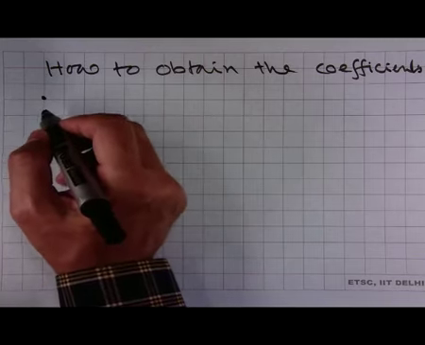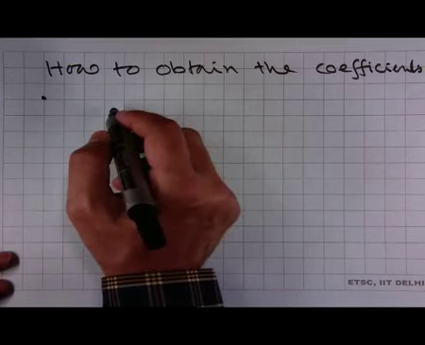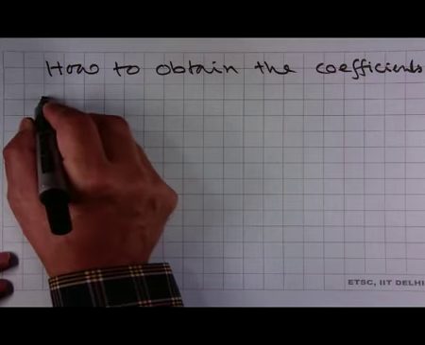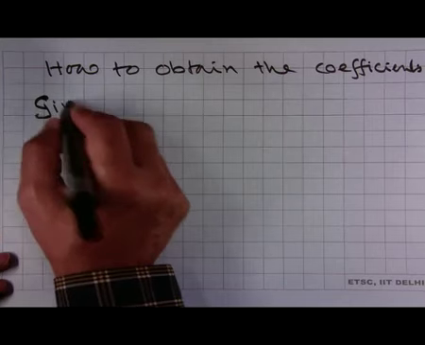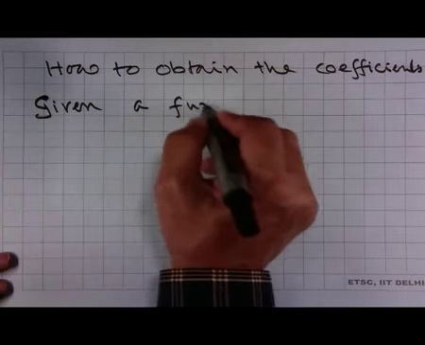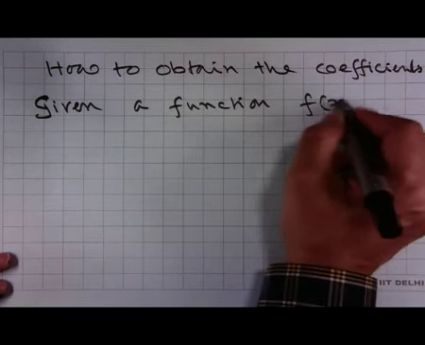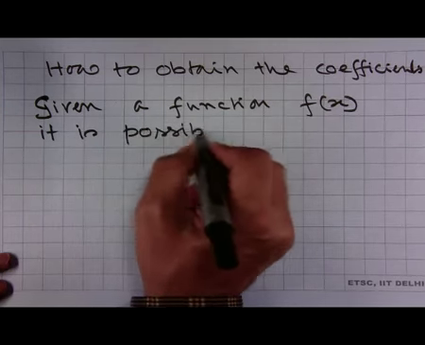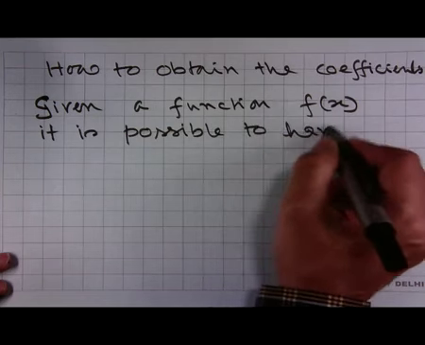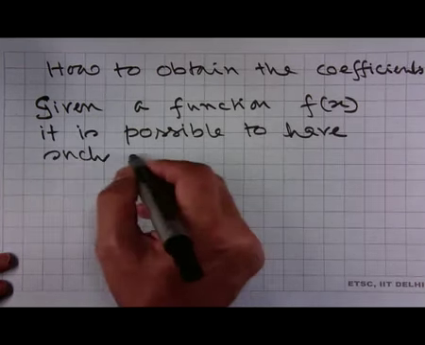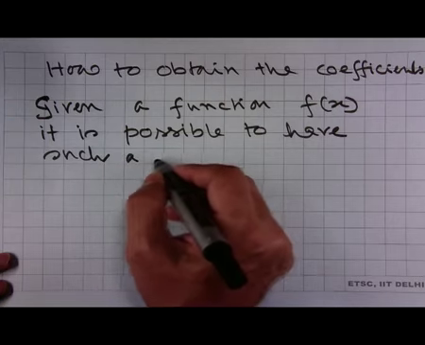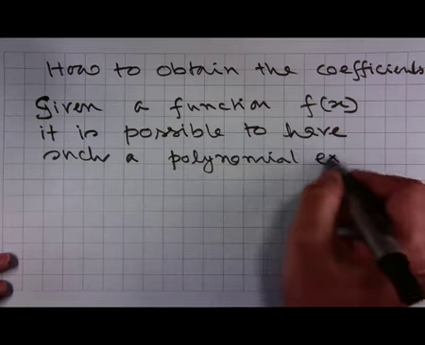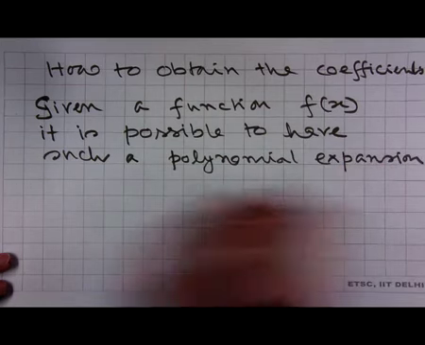We make such an assumption that given a function f of x, it is possible to have such a polynomial expansion about a point a.